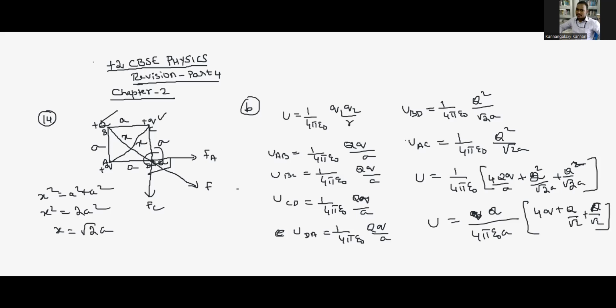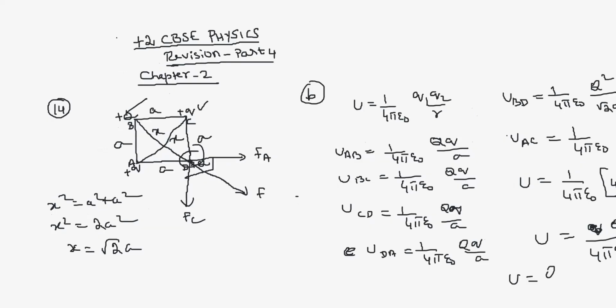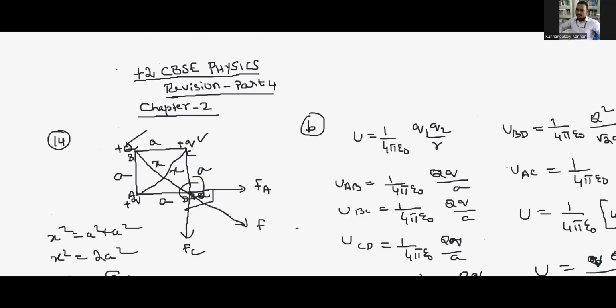So U is equal to the sum of these. This is the formula for the potential energy.